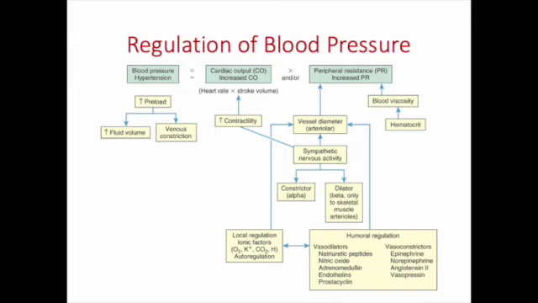These are connected to local regulators like oxygen, potassium, CO2, and hydrogen ion regulation. At the humoral level, we have vasodilators like natriuretic peptides, nitric oxide, adrenomedullin, endothelins, and prostacyclins, as opposed to the vasoconstrictors like epinephrine, norepinephrine, angiotensin II, and vasopressin. It's going to be important for you to differentiate between the vasodilators and the vasoconstrictors.